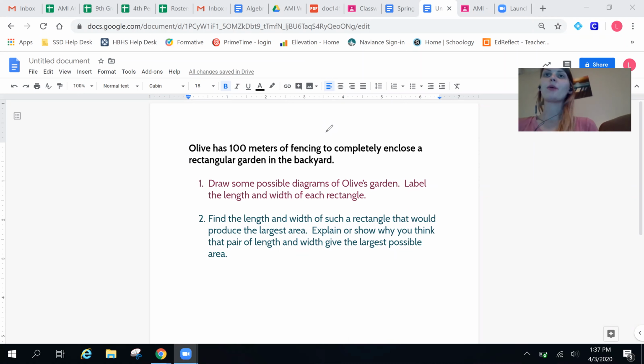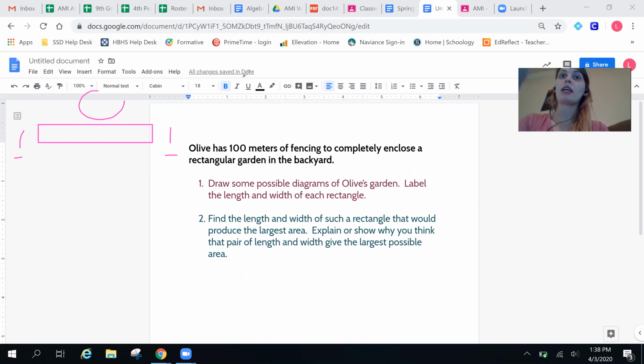Okay, so we've got a drawing, and the first one I want to do is a long skinny garden, right? What if we just did 1 meter and 1 meter? So that would mean that's 2 meters in fencing. This side and this side have to be the same.